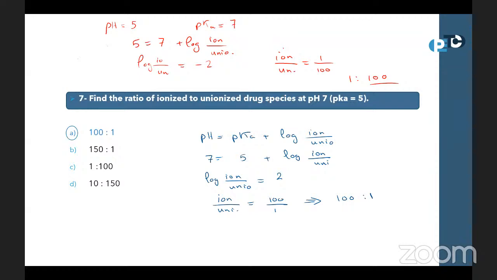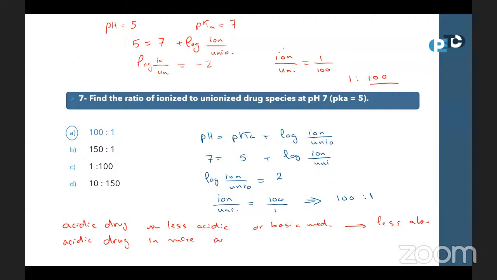What is the conclusion of that? When you put an acidic drug in a less acidic or basic medium, we have less absorption. But when we put an acidic drug in a more acidic medium, here we have more absorption.